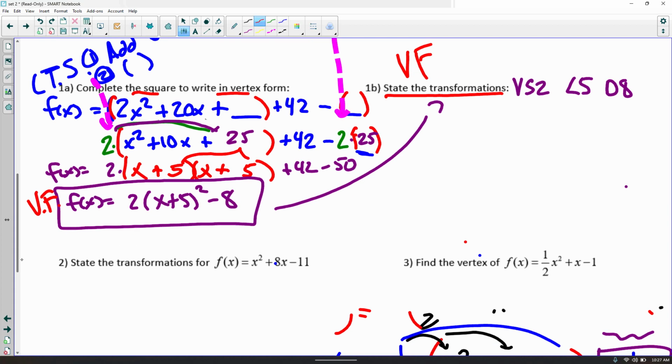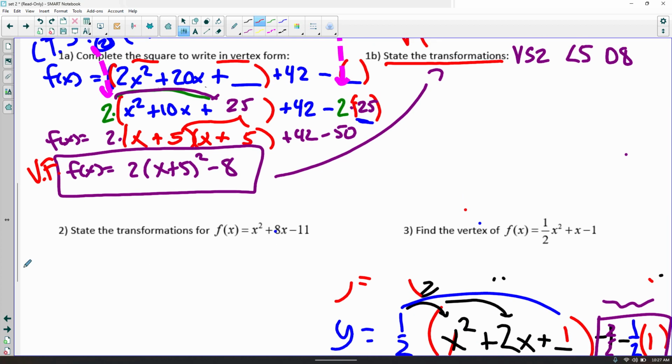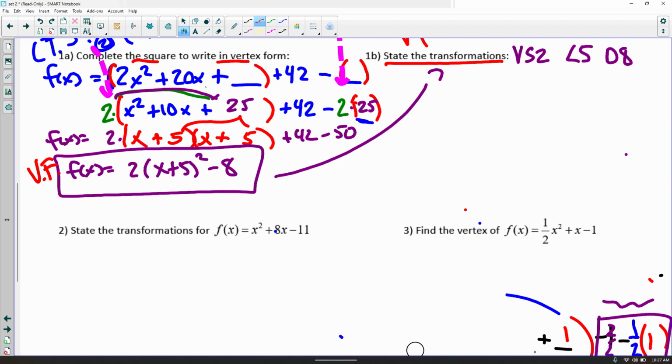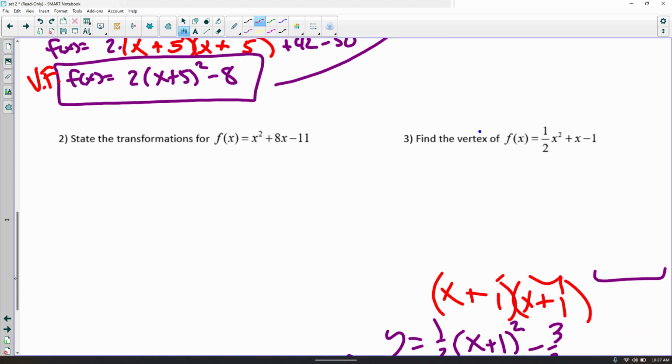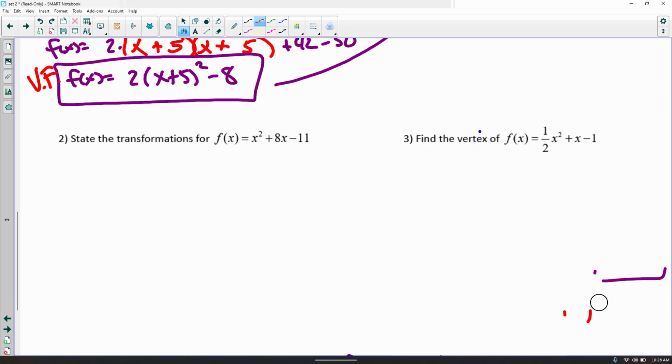So if I'm looking at number 2, and I say state the transformations, then what would I have to do with that equation? I will have to complete the square.